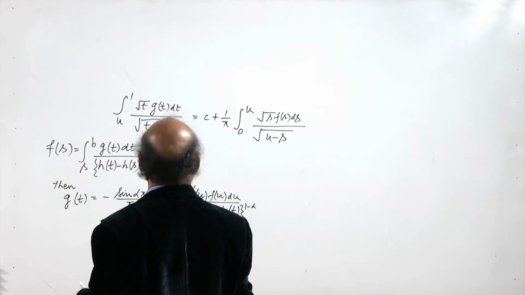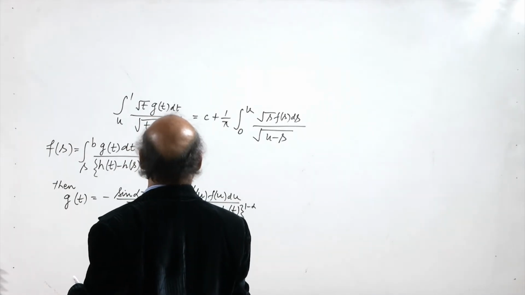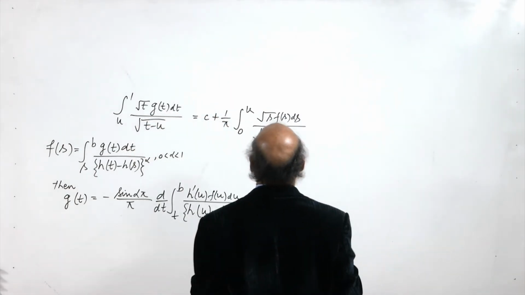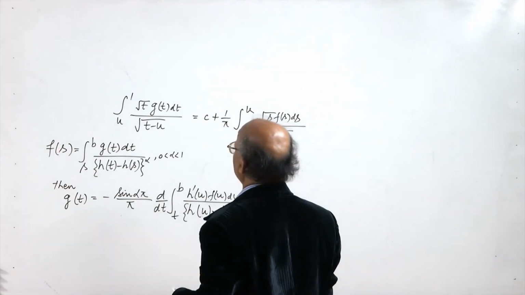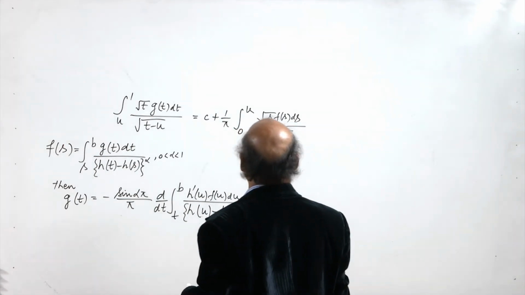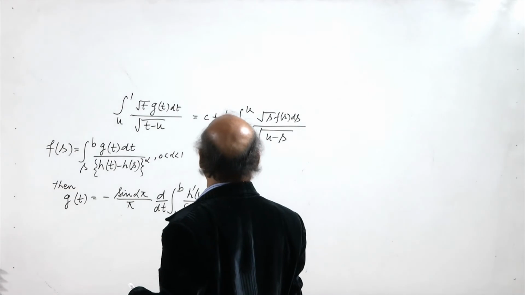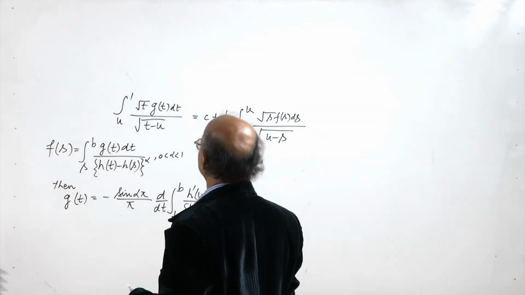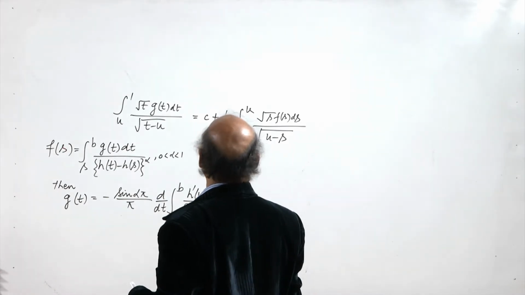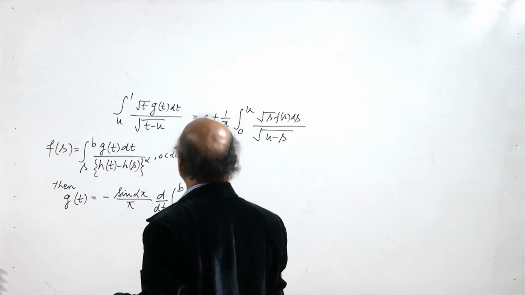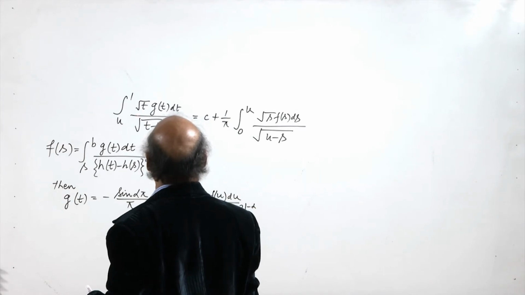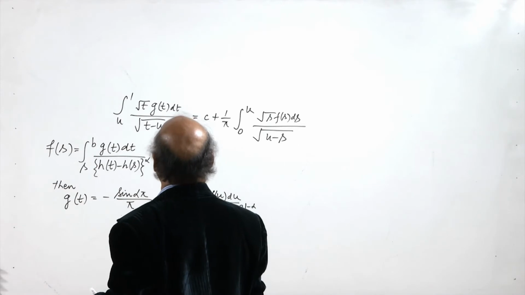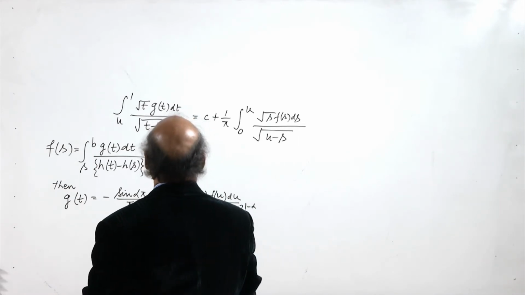This is known, and after integration it gives you a function of u, while here we are writing it as a function of s. And gt is the unknown function that we have to find. So when you apply this, what will we get?